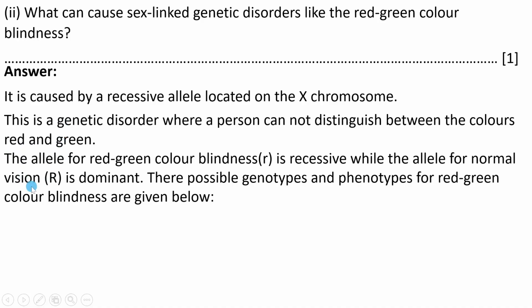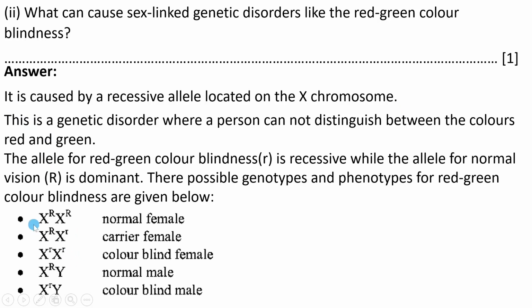But if you are carrying this one, then you'll be able to see properly. The possible genotypes and phenotypes for red-green color blindness are given below. So I decided to teach you more. The question ended here, so these are just extra notes I'm teaching.